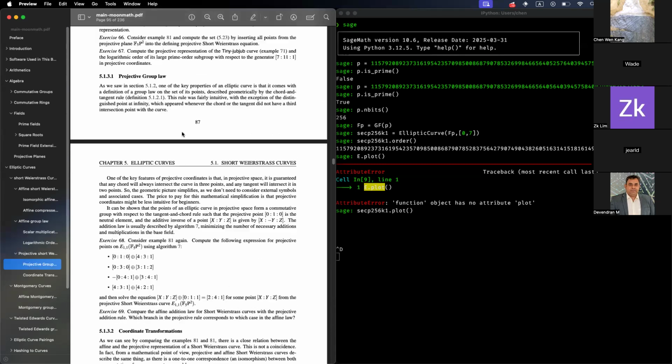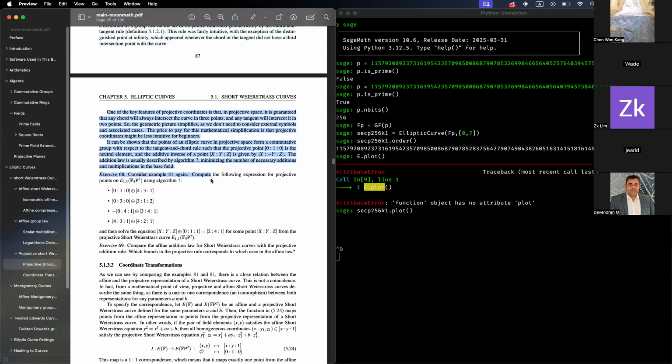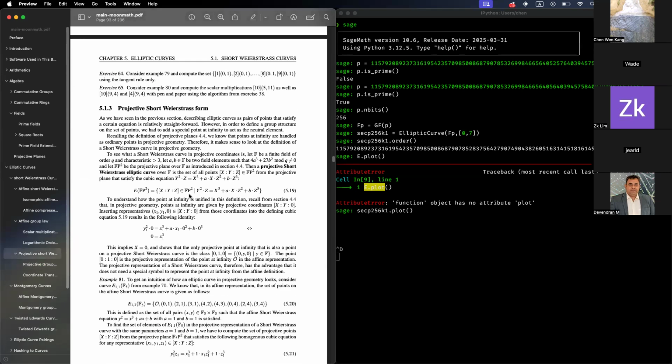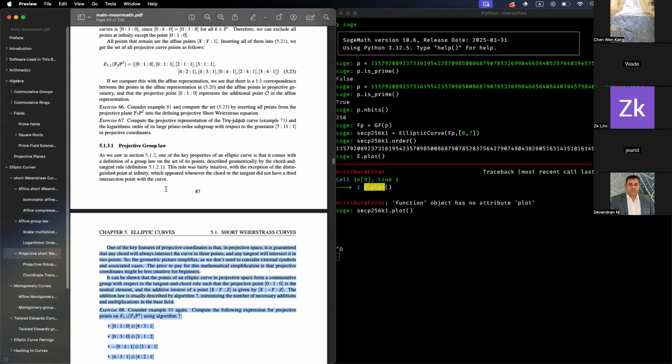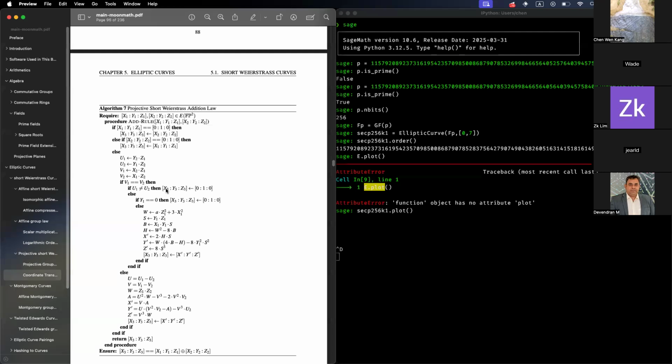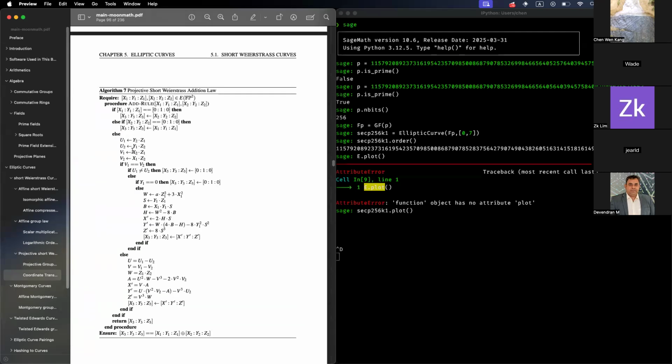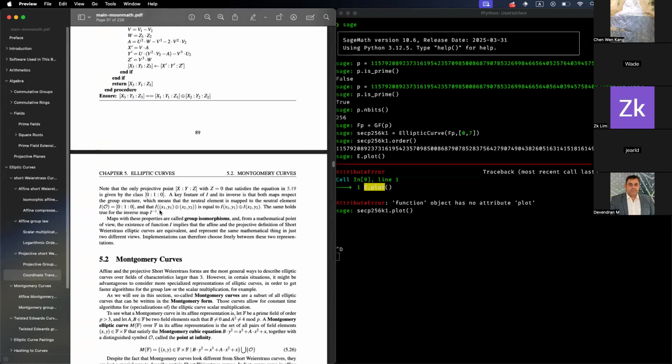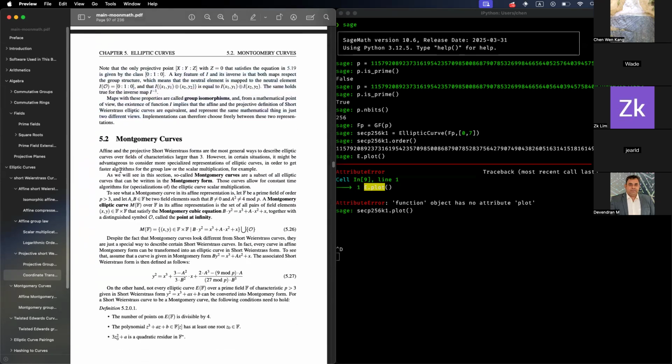Projective group law. So this is talking about how the group law will look in the projective representation. It's going to be fun if you try to implement this. Tell me if you did it. This is probably a core group isomorphism. So, Montgomery curves. Any questions here?